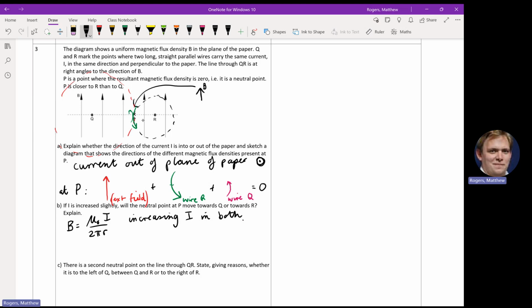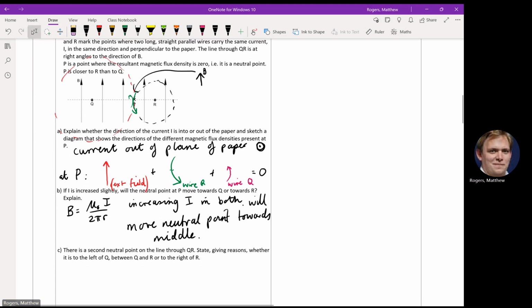So any increase in the current is going to move it towards the middle. Whereas if both of them were very weak, the neutral point would go over towards R.